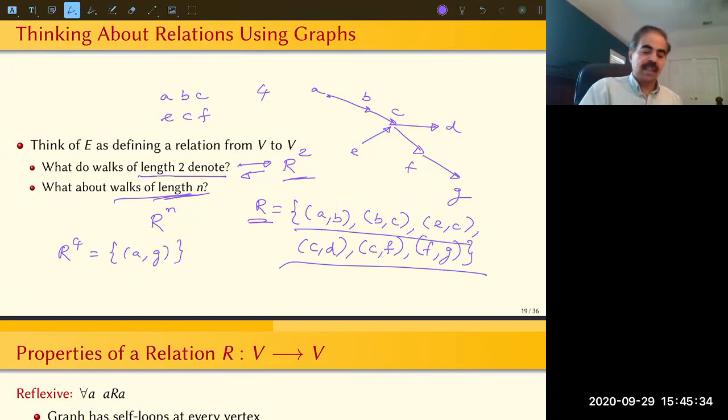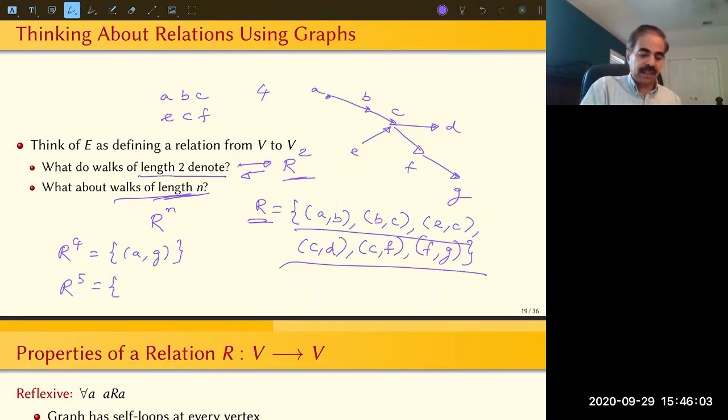Because if you have to apply R 4 times, right? So it's not that you apply R 0, 1, 2, 3, or 4 times, right? You apply R 4 times, which means that you have to go forward 4 times. And the only way you can do that is if you start at A and then you end up at G, right? So what about R to the power 5?